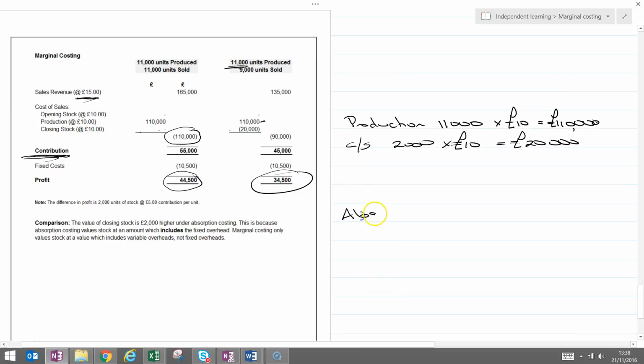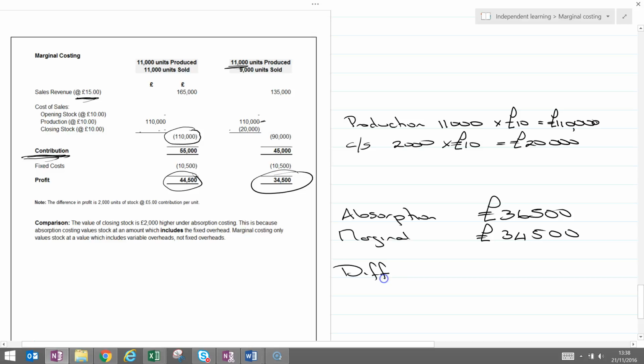So absorption, 36,500. Marginal, 34,500. So the difference in the profits is £2,000. Same number of units produced, same number of units sold, but we've got a different profit figure.